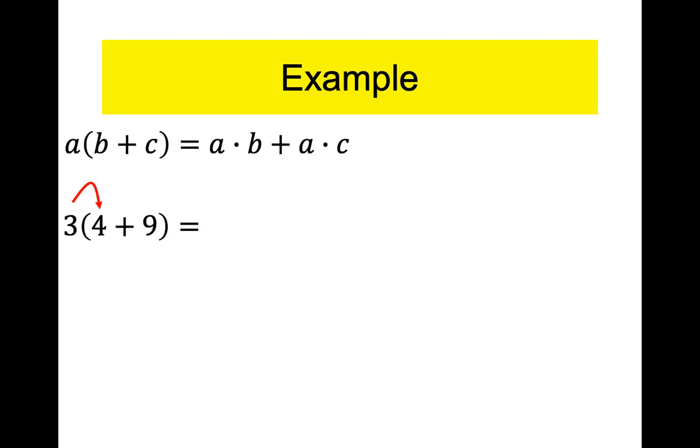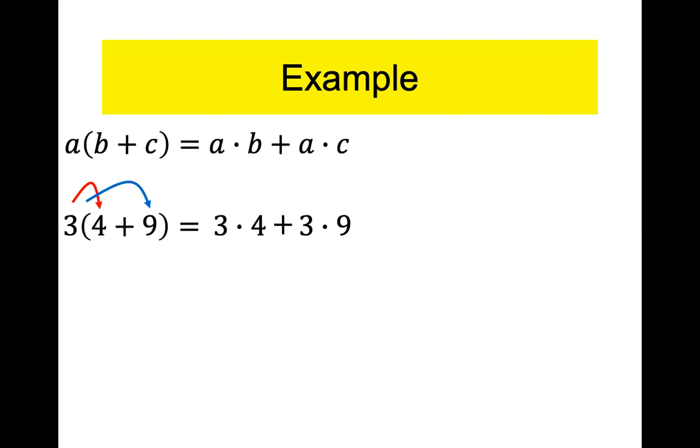So I'm going to distribute the 3 to the 4 through multiplication. See what I did? Plus, right? Why plus? Because we're adding A times C. So this one times this one. In other words, I need another arrow, right? So what am I going to write now? 3 times 9. Okay? Now let's do the math.